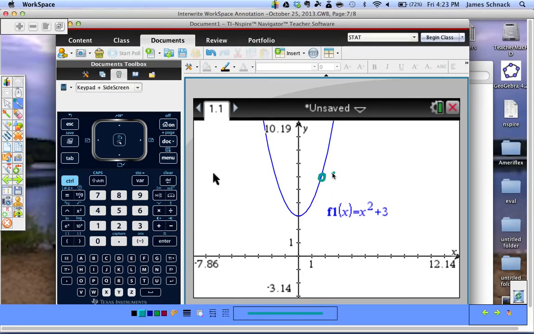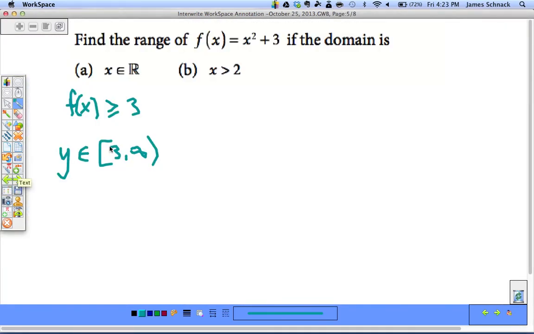This open point is (2, 7). Our y values are getting bigger after that. So our range is y is an element of the open interval from 7 to infinity. And there we go. A lot of domain and range can be seen just from your graph, so it's a really good idea to be looking at pictures. That's all for today, ladies and gentlemen.